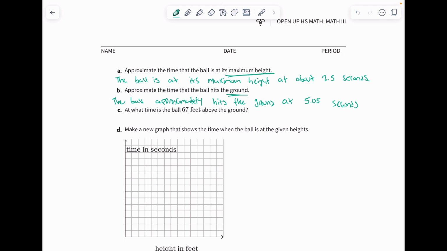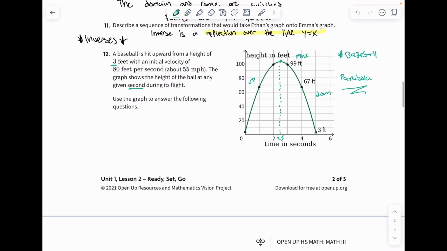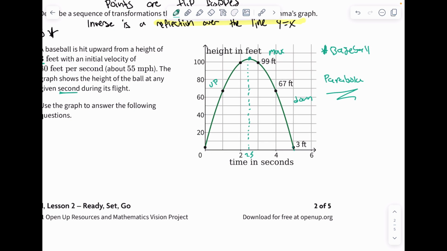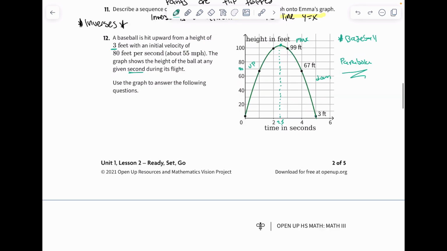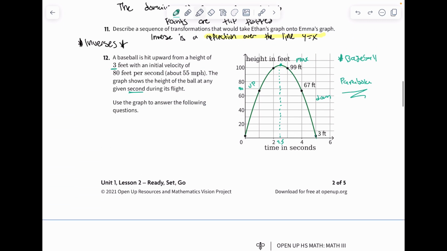Part C. At what time is the ball 67 feet above the ground? So we're looking for 67. So this is 60. This right here is 70. Okay, so this is 70. So 67 is essentially going to be, oh, there's a mark here, right? 67. So we see that there's going to be about 2 times where the ball is 67, right?